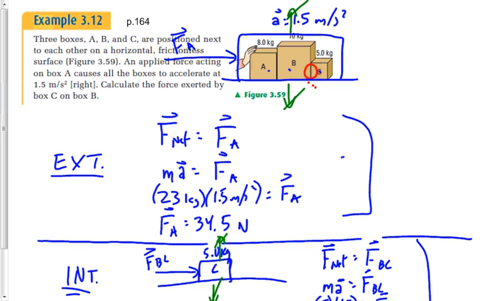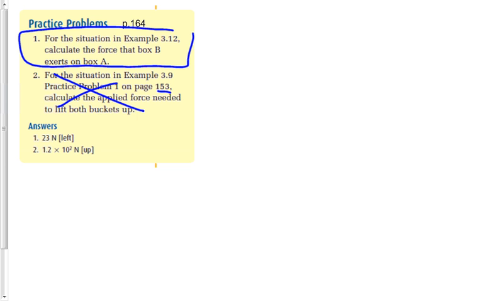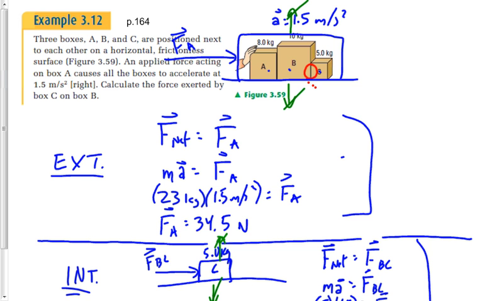We want to find the force that box B exerts on A, so in other words, we want to find this force this time. I'm going to leave this page up here so that you can see this. Just remember the question. We want to find the force between A and B, not the force between B and C. Give me a couple minutes to do that now, and then we'll go over it as a class.